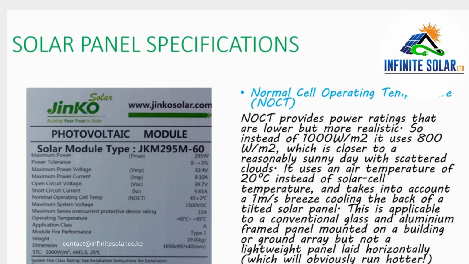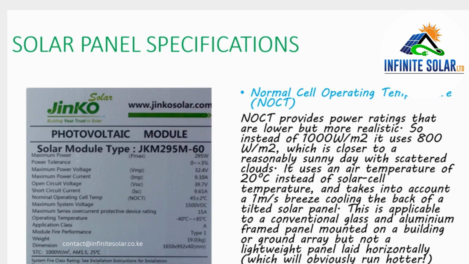The last specification we shall look at is the nominal operating cell temperature, indicated as NOCT. This provides ratings that are lower but more realistic. So instead of using conditions like 1000 watts per meter square, it uses 800 watts per meter square, which is closer to a reasonably sunny day with scattered clouds.